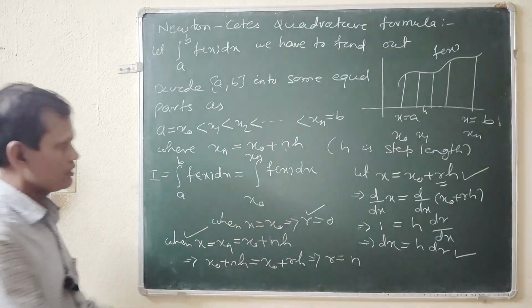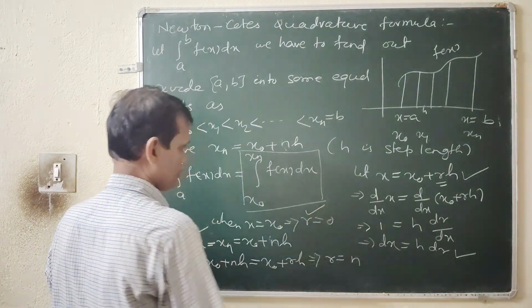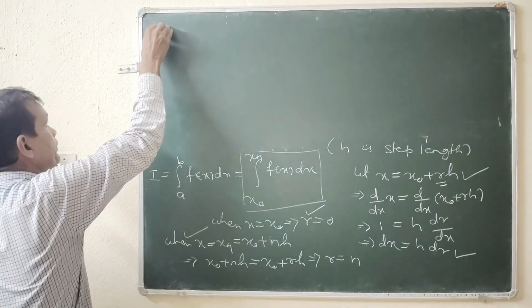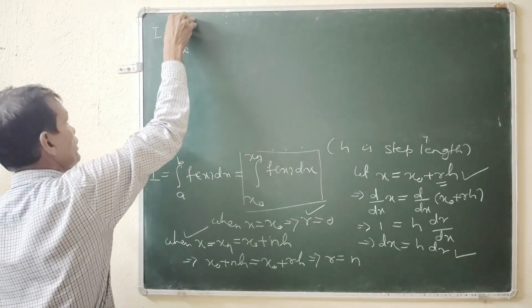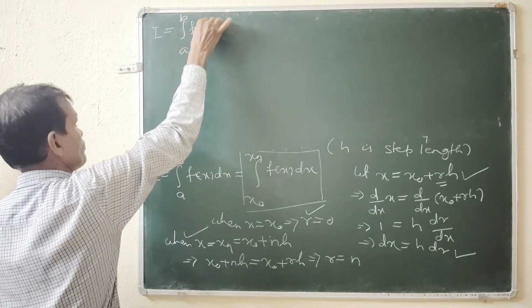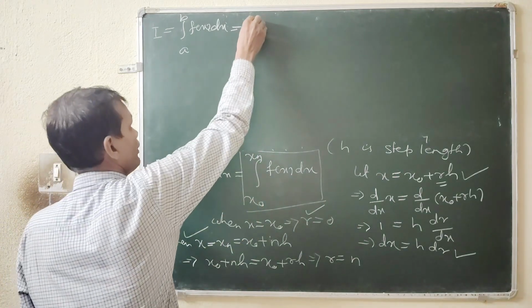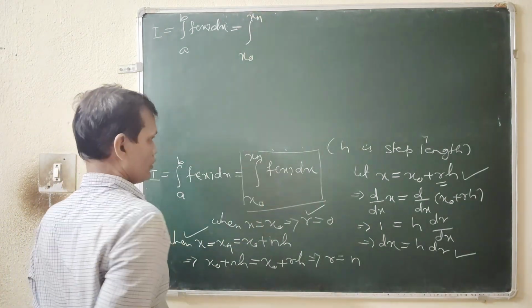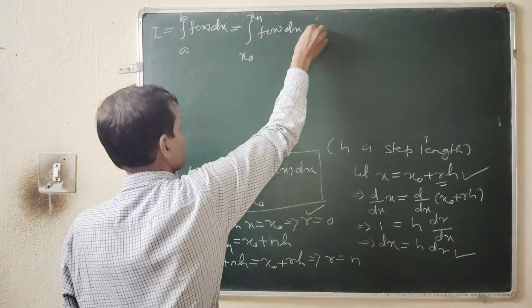Now this equation will be in a new structure. So I is equal to integration a to b f(x) dx, which is equal to integration x0 to xn f(x) dx.